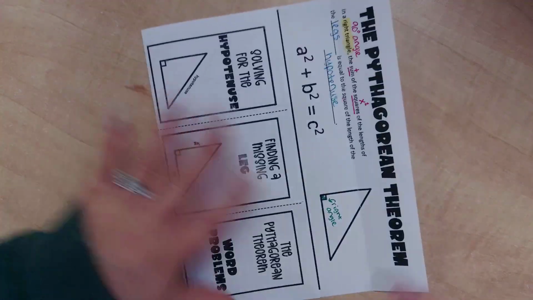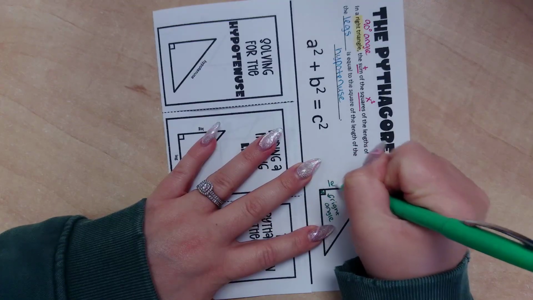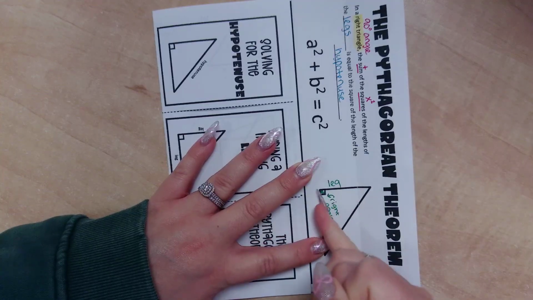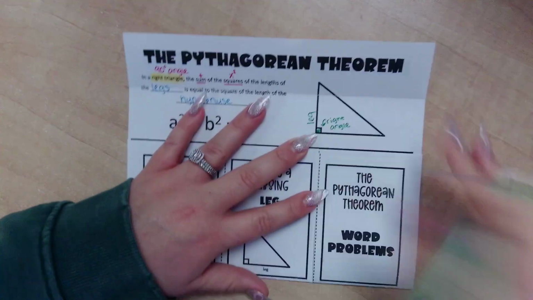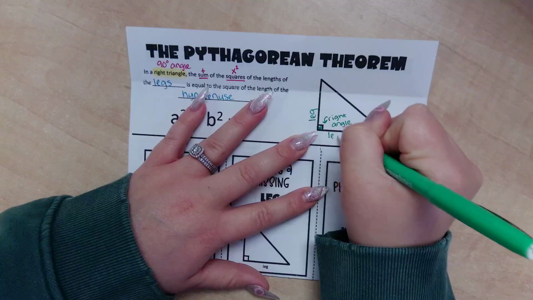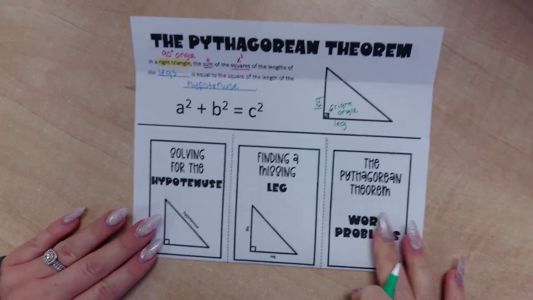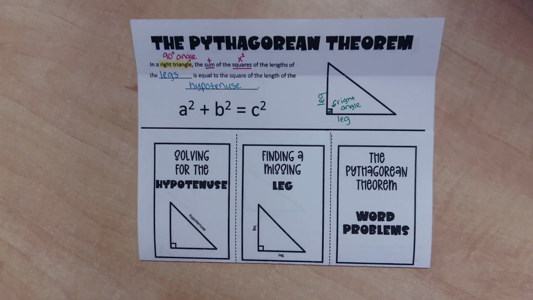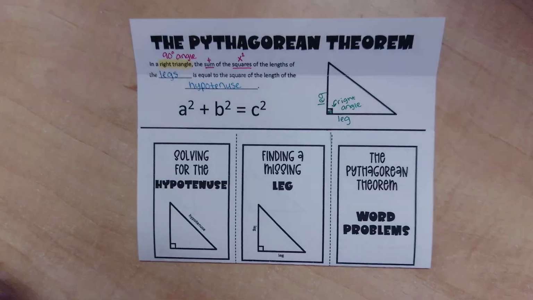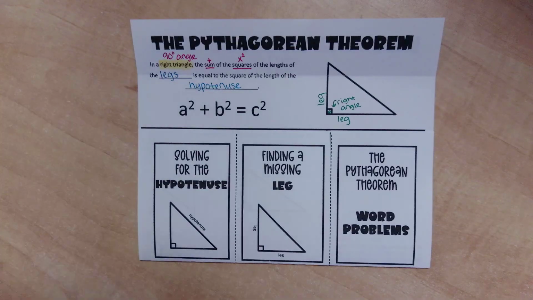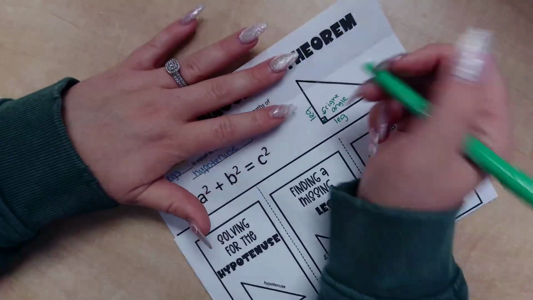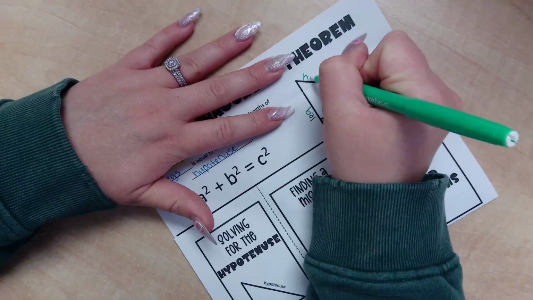Now the legs are the lines adjacent to the right angle, meaning connected to the right angle itself. So we have a leg here. Notice it is attached to that right angle. And then we have another leg here. Think that you have two legs, therefore they have two legs, okay? Now, there is another vocabulary word that was introduced through our definition over here, and it's called the hypotenuse. While the legs are adjacent, the hypotenuse is what we call opposite, okay? Now, opposite of the legs is the hypotenuse.